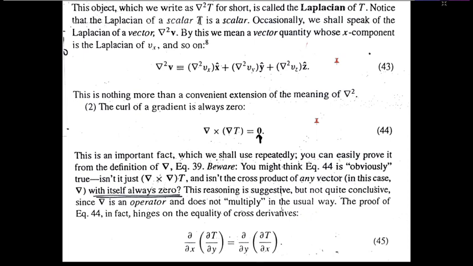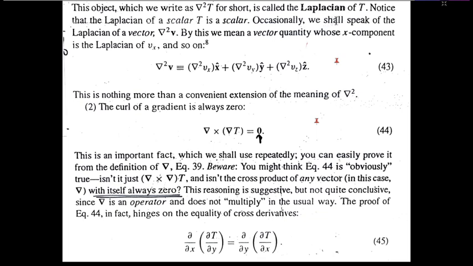Laplacian of a scalar t is a scalar. Laplacian of a scalar t is again a scalar because it's ultimately a divergence of a gradient. Gradient is a vector, but divergence, that is a dot product, and dot product is always a scalar. So ultimately Laplacian is nothing but a scalar.